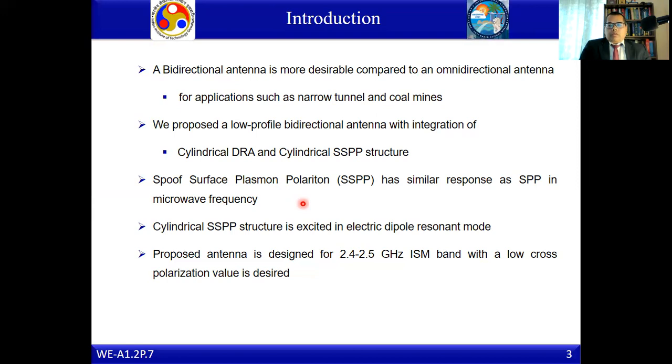In this work, we'll excite cylindrical SSPP structures by placing them in the near field of cylindrical ring DRA. The proposed antenna is designed for 2.4 to 2.5 GHz ISM band applications, and it also achieves a very low cross polarization level.